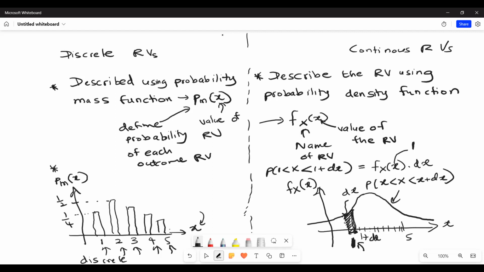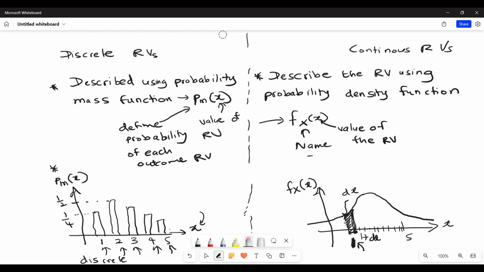When I want to find the probability of getting x, then I have to compute this probability where the random variable is spanning over a small distance of dx, and then I can define that value as f_X(x) into dx. So this is how the probability density function is defined in general, and it is used widely to define the probability of continuous random variables, right?